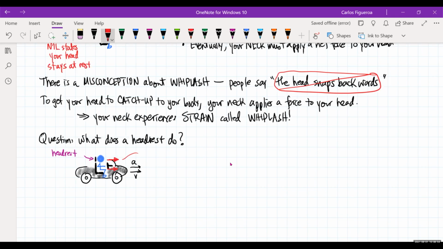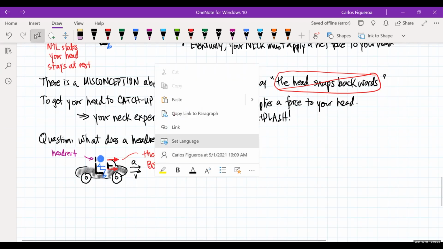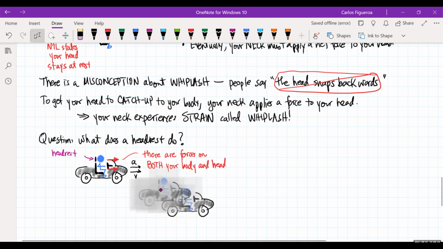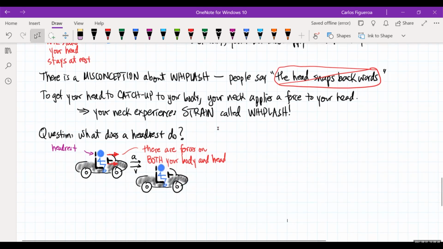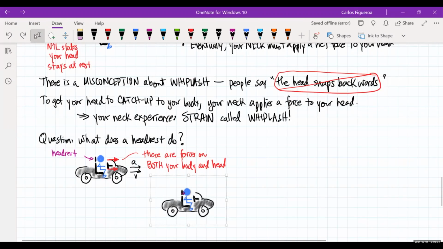So I would say that there are forces on both your body and head. Previously, you didn't have that. You only had the force acting on your body. But now, as the car moves forward, what's actually happening? Here, that's a little bit too close for me, so I'm going to move it down here.